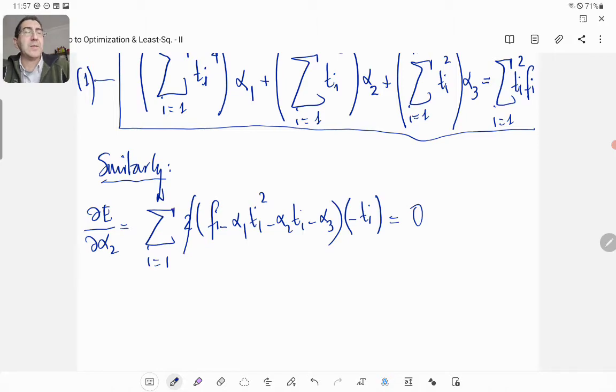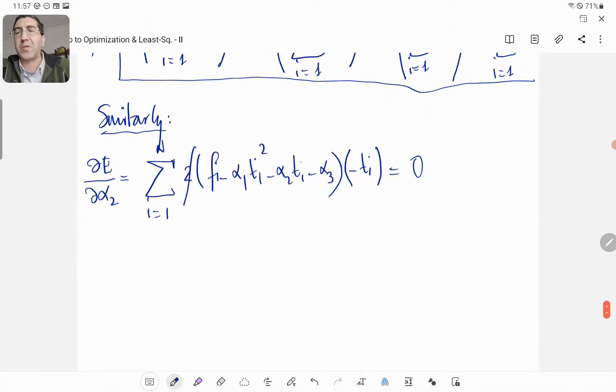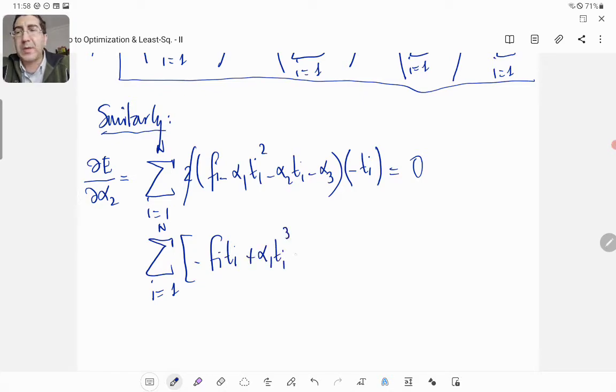So that's going to allow us to cancel the 2 over here. So that's going to be, again, summation, expand the inside, i equals 1 to n, minus fi ti plus alpha 1 ti cube plus alpha 2 ti squared plus alpha 3 ti, and that is equal to 0.